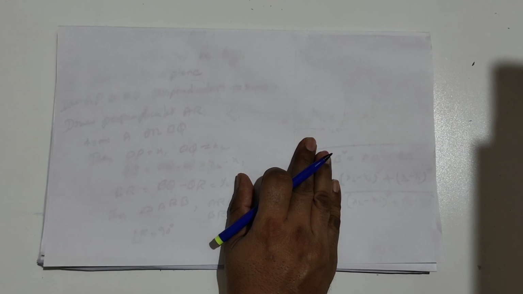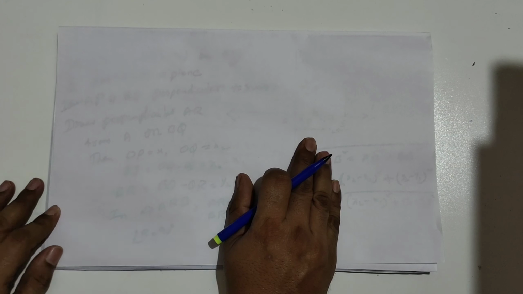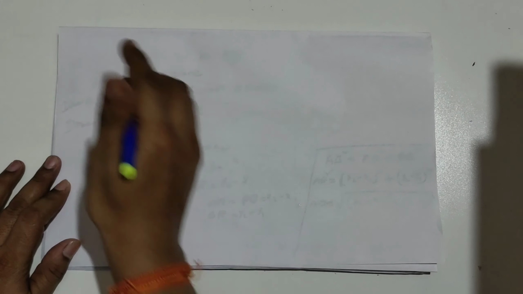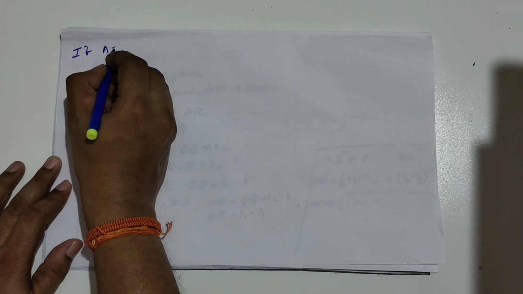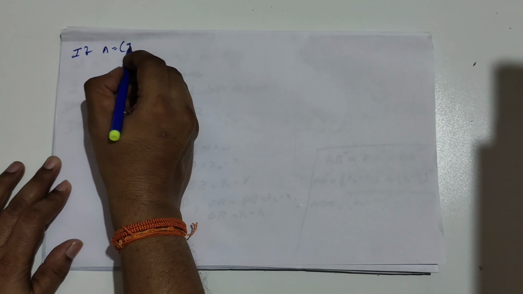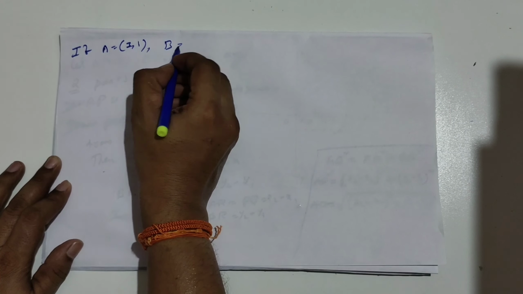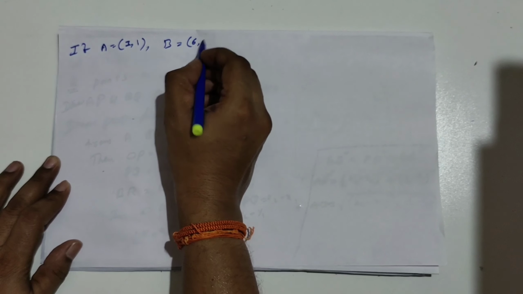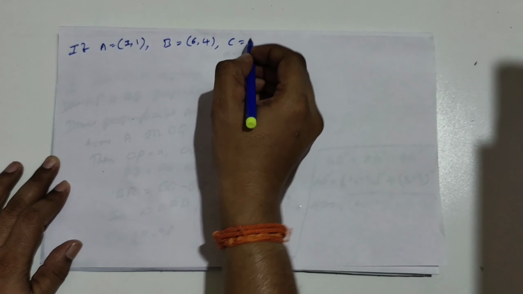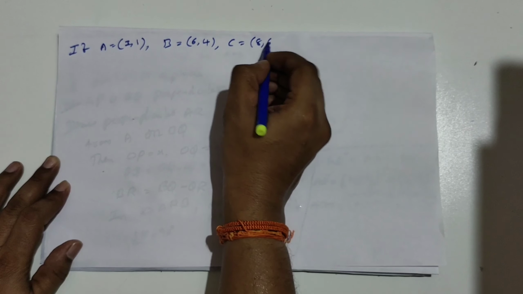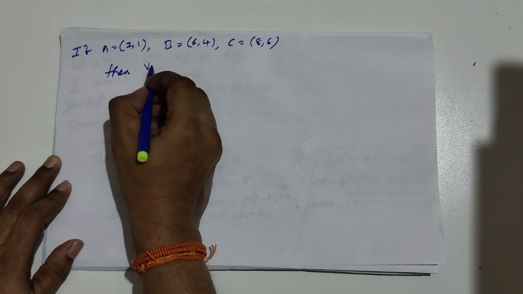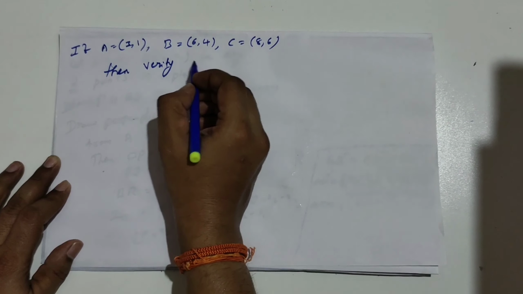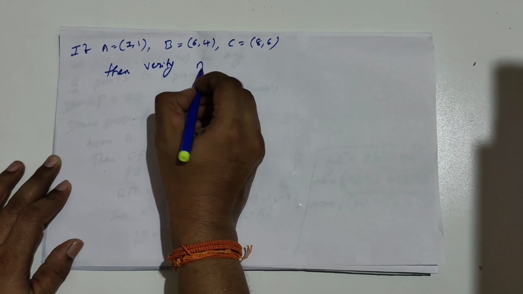If A is equal to 3, 1, B is equal to 6, 4, C is equal to 8, 6, then verify whether A, B, C are collinear or not.